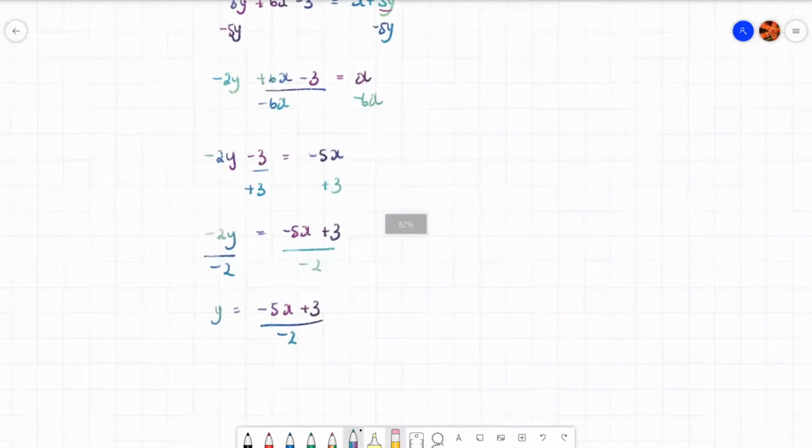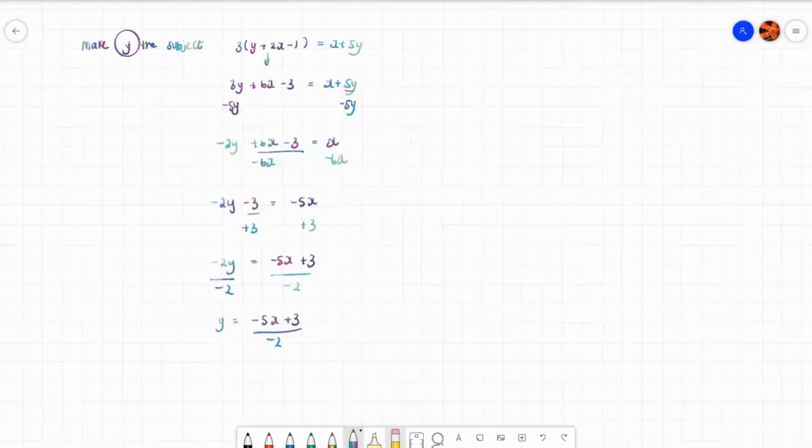Let's have a look where it would have been a bit different. Okay, here. We've got 3y plus 6x minus 3 equals x plus 5y. I could have chosen to subtract 3y on both sides. 3y take 3y is nothing.